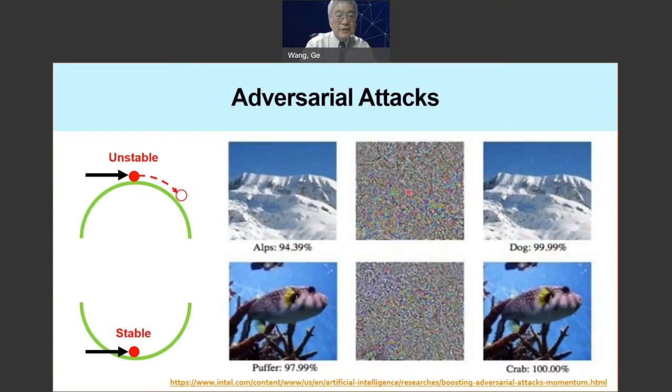The neural network will classify the left image as snow mountain. That is what we expected. But the right image will be classified as dog with a high level of confidence. So this is a good example showing a deep neural network is unstable. We want to have stable performance. And here is a concern for medical imaging, right?